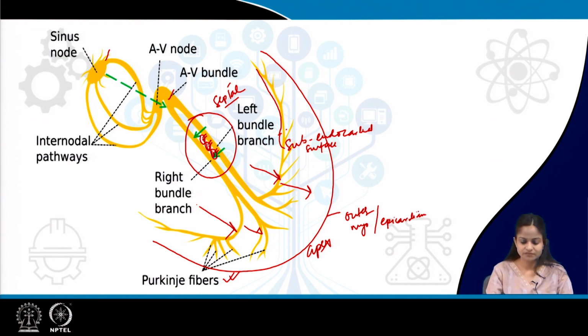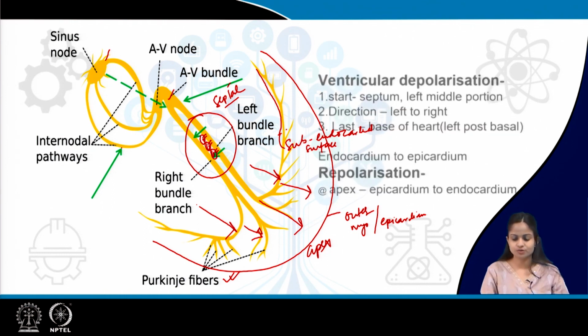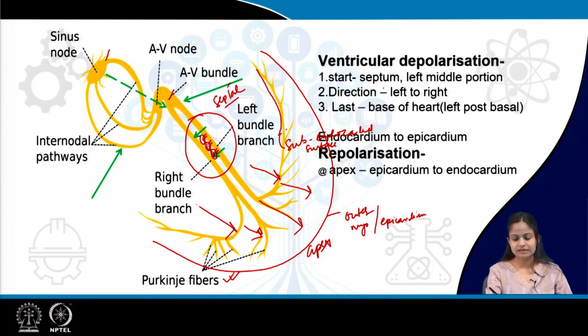So, the depolarization will be from the inner side towards the outer side, that means from endocardium to epicardium, and the last portion to get depolarized is the basal portion of the heart. So, the posterobasal portion of the heart is the last to get depolarized. The start is the septum, and which part of the septum?